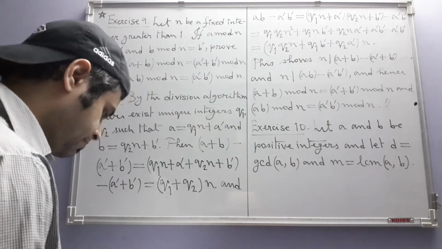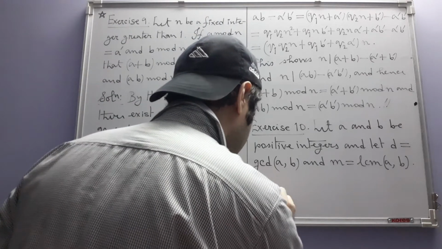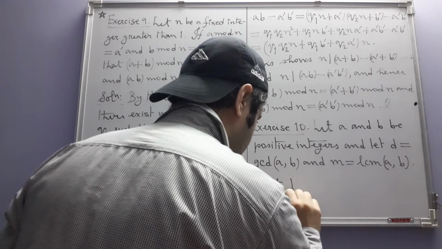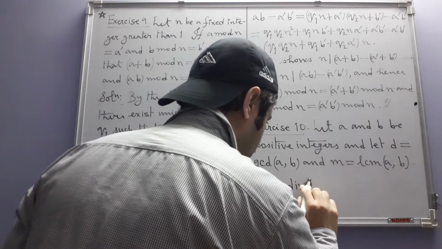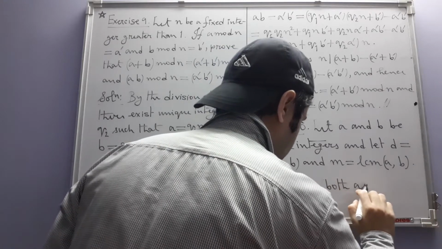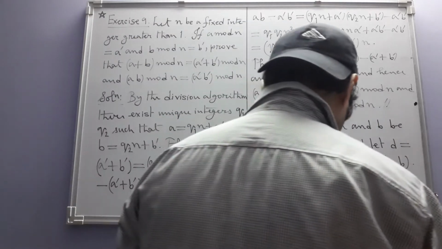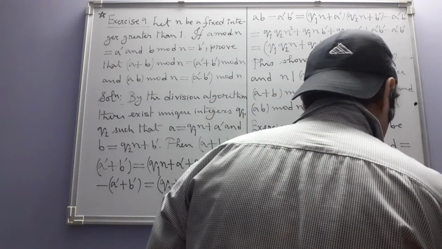Okay, if t divides both a and b, prove that t divides d.